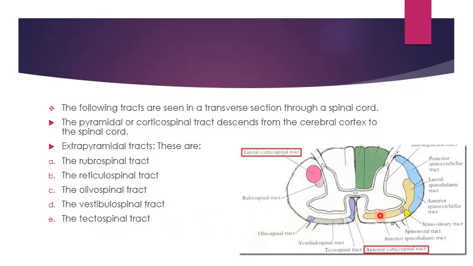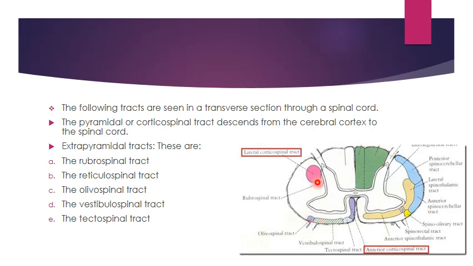Now look at this transverse section of a spinal cord. In this transverse section, in the left half of the diagram you can see these descending tracts. In its anterior aspect, close to the anterior median fissure, there is anterior corticospinal tract, and along its anterior margin from medial to lateral there is Tectospinal Tract, then Vestibulospinal Tract, and then Olivospinal Tract.